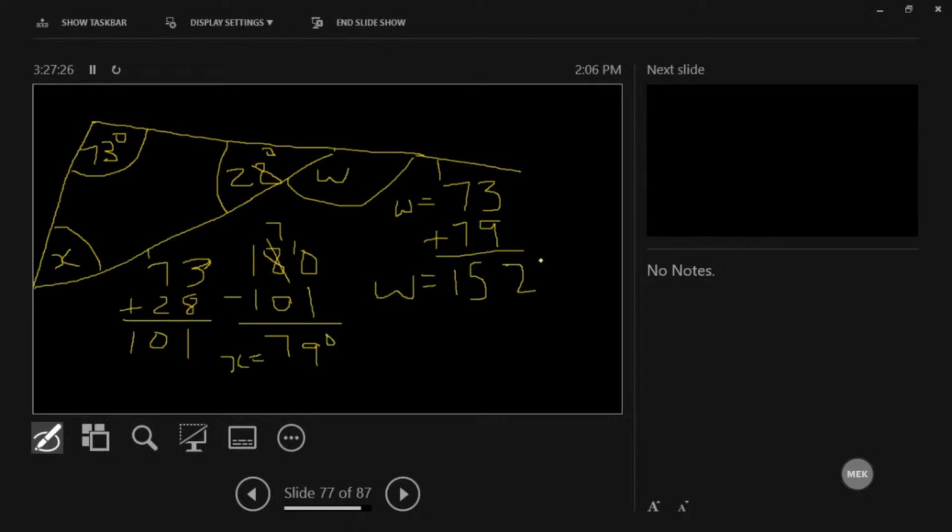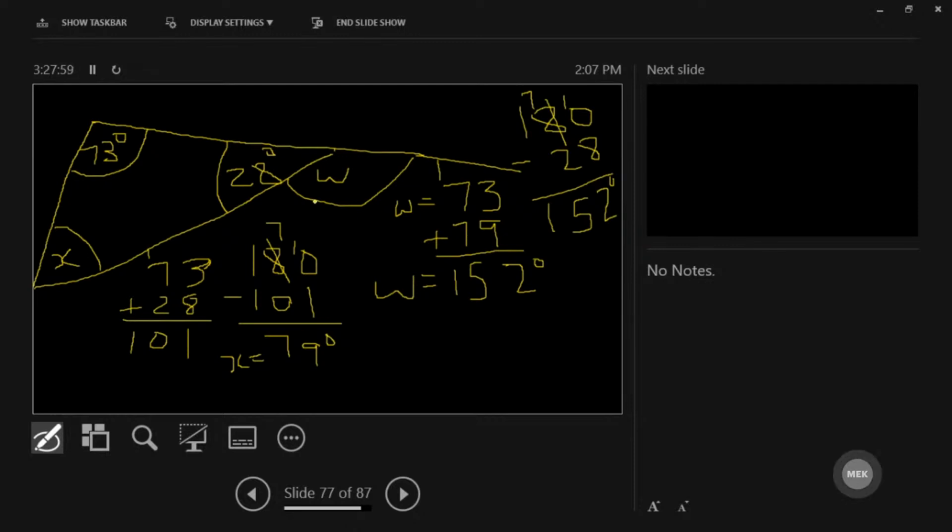Or we could focus here. W and the 28, they are on a straight line. Angles on a straight line add up to 180. So we could take the 28 from the 180. This is another way to find W. Remember, this is maths. You can have many, many ways. Several roads can take you home. So see, we get the 152 there.